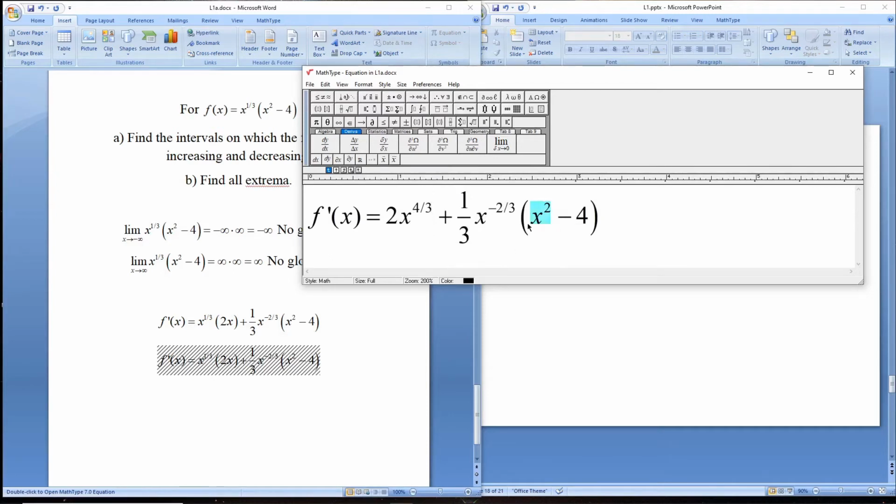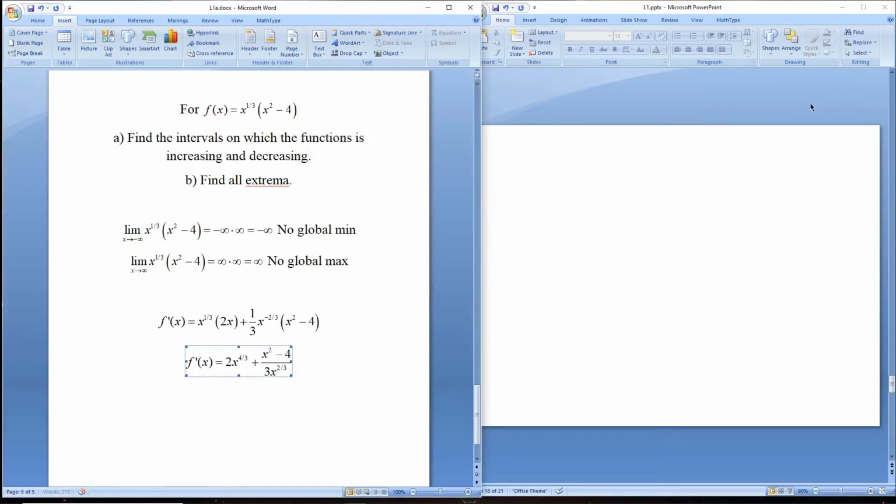And I think I'll put this back into a positive form here for the exponent. I'm just trying to make it look a little bit nicer overall. And that's our derivative, definitely the ugliest one we've had so far.